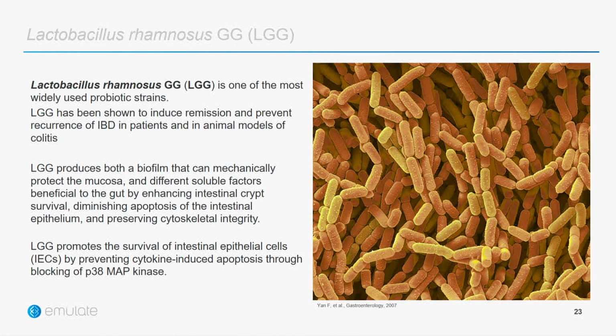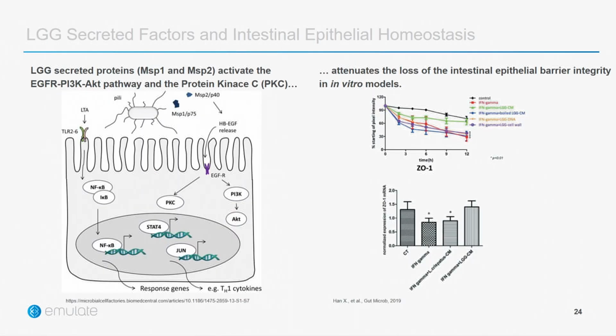One of them is Lactobacillus rhamnosus GG, or otherwise LGG for short, which has prominent prophylactic effects in IBD. Past studies in human-based 2D models have unraveled that 2 of LGG's secreted proteins are responsible for targeting the PI3K-AKT axis and restoring the epithelial junction protein expression.